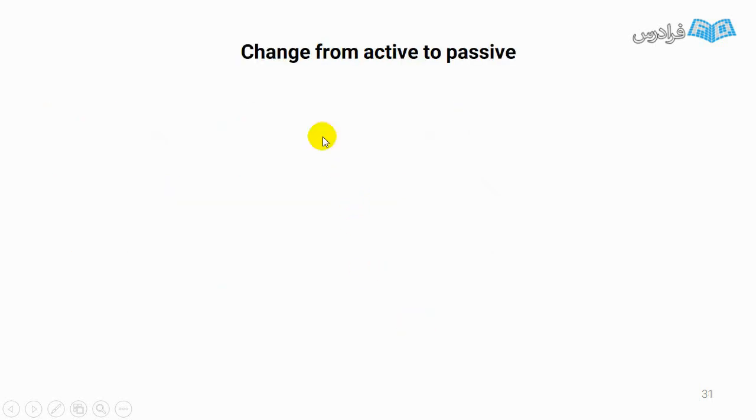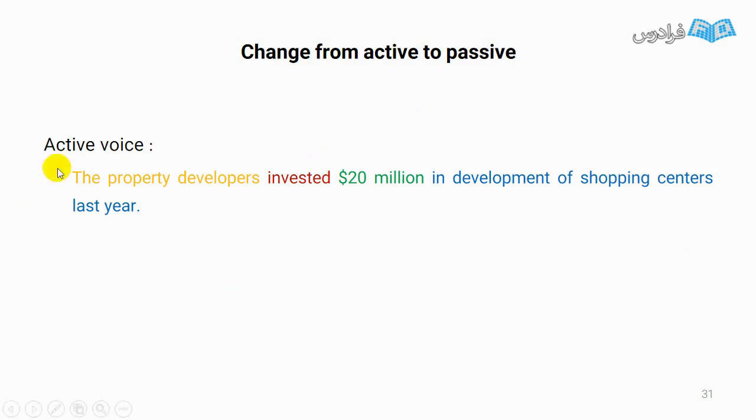And the last part, change from active to passive. That is really useful and helps you to have enough variety in tenses and in your grammatical range. What is active voice? Look, the property developers invested $20 million in development of shopping centers last year.